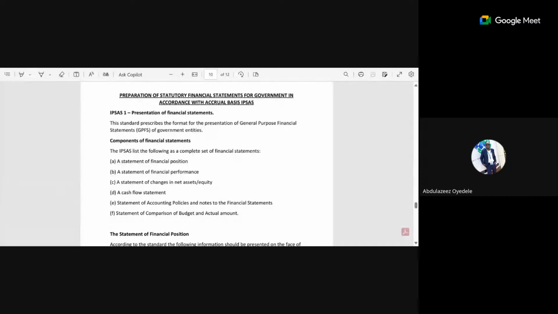Okay, so the next one is the statement of financial performance. As you can see, it's still the same name that we call it in the private sector accounts. Statement of financial performance. And what this one shows is the operational performance of the entity. That is the result of the operational performance of the entity for a particular year, for a particular period that is ending.